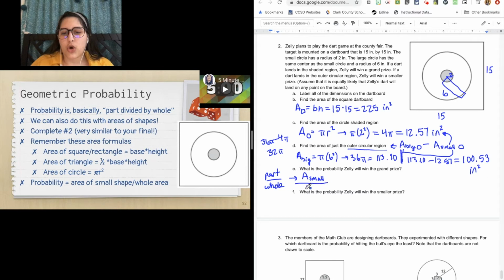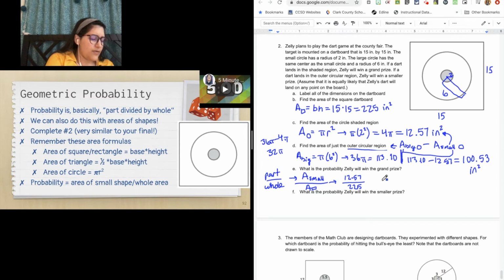So this should be the area of the small circle divided by the total area, which is the area of the square. So that's 12.57 divided by 225. And that's something I'm going to have to do in my calculator. So let me do that really quickly.